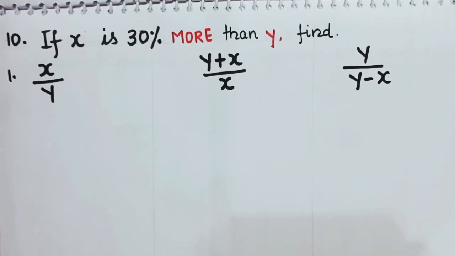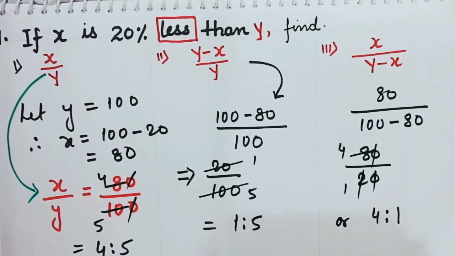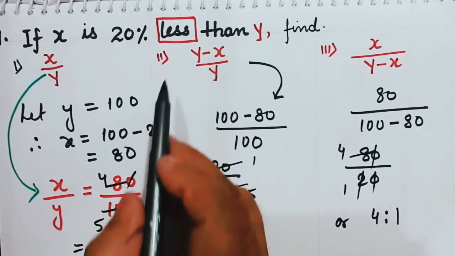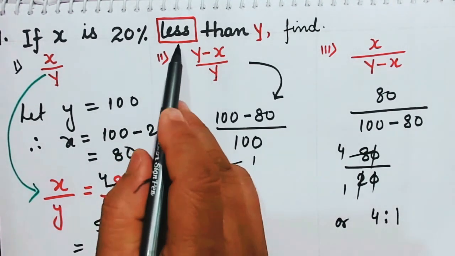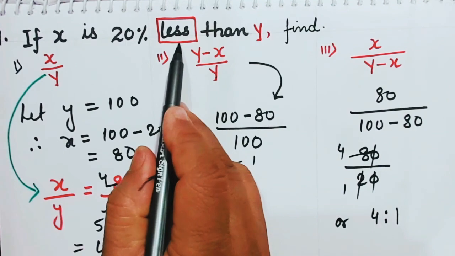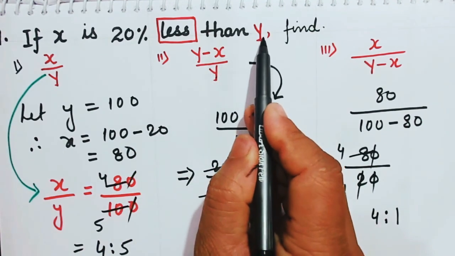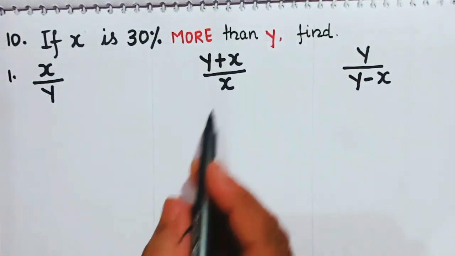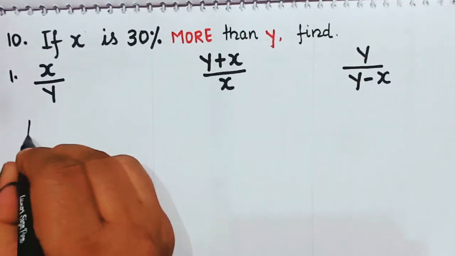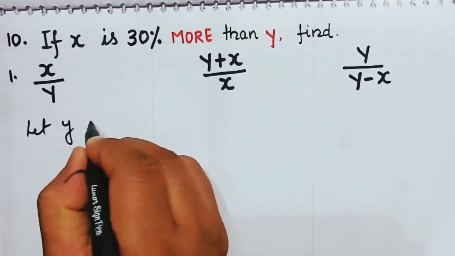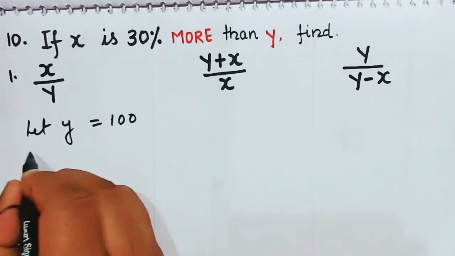The same type of sum we have over here also. If x is 30% more than y, remember, here the problem was of less than. So when I took y as 100, my x became 80. Here, let y be equal to 100.